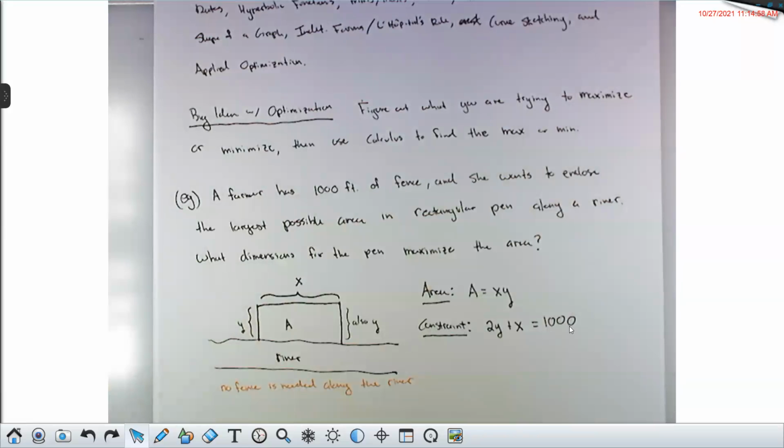So what would I do? Well, remember, I want to get this into a form where I can differentiate and find a min or a max. And I know that X and Y are related by this constraint. Did you do implicit differentiation? You could, but you really don't want to. That's making life considerably harder than it needs to be. I'm going to use my constraint.